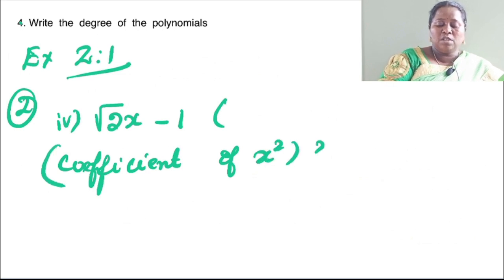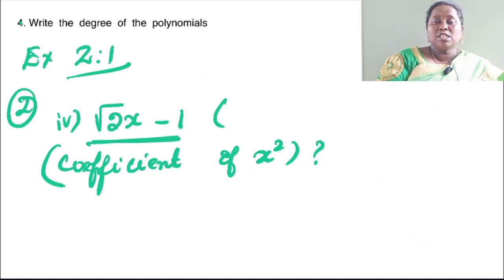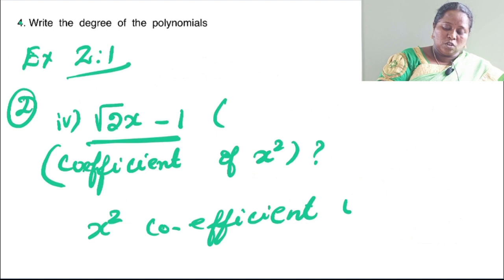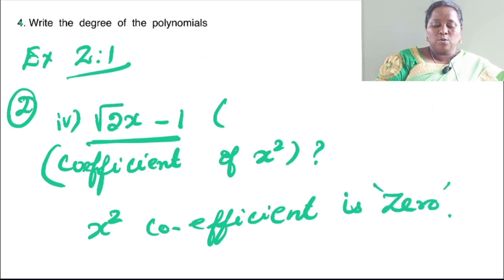But in this polynomial, we don't have x squared. In this case, we can take the coefficient of x squared as 0.